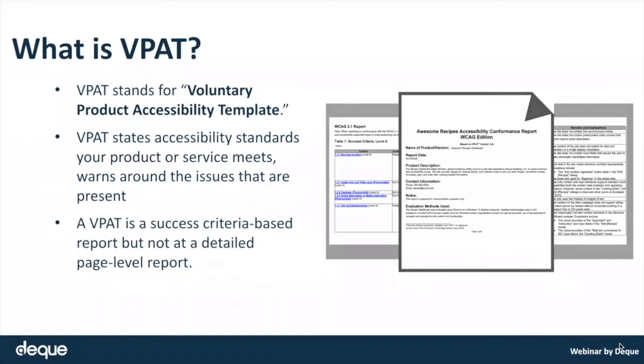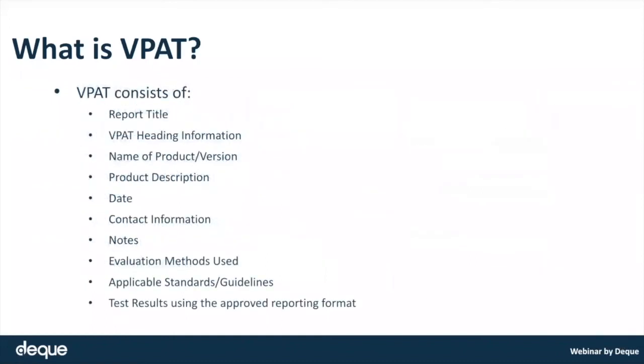Then it consists of a report title. What kind of title would you want? It will most likely go with the name of your organization. Then Vpat heading information, which is the template version. Is it 2.4, 2.3? What version of the template is it?